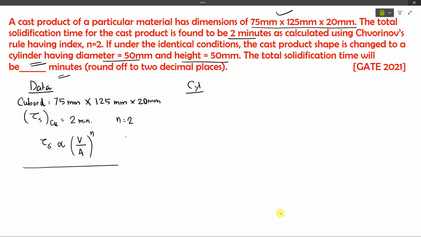Then what are the dimensions of the cylinder given here? It is given h is equal to d is equal to 50 mm. And as mentioned in the question, under identical conditions, here also we will take n equals 2.